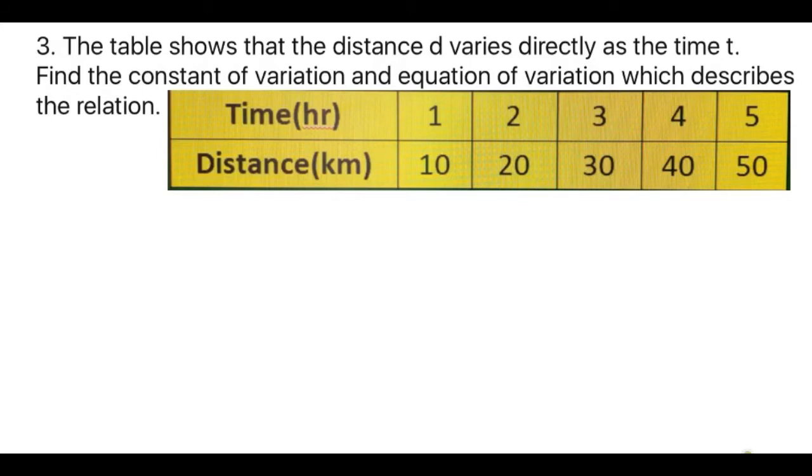Now let us have the table, and it shows that the distance D varies directly as the time T. We need to find the constant of variation and the equation of variation which describes the relation.